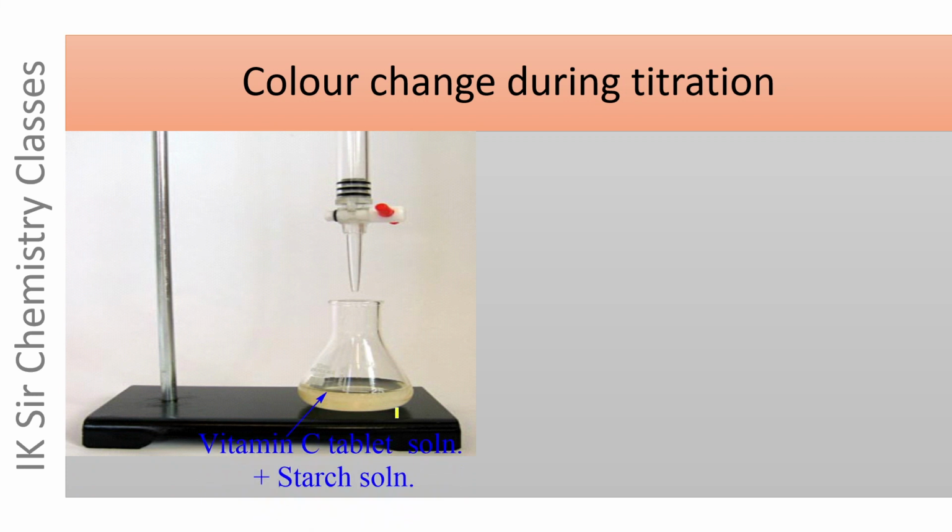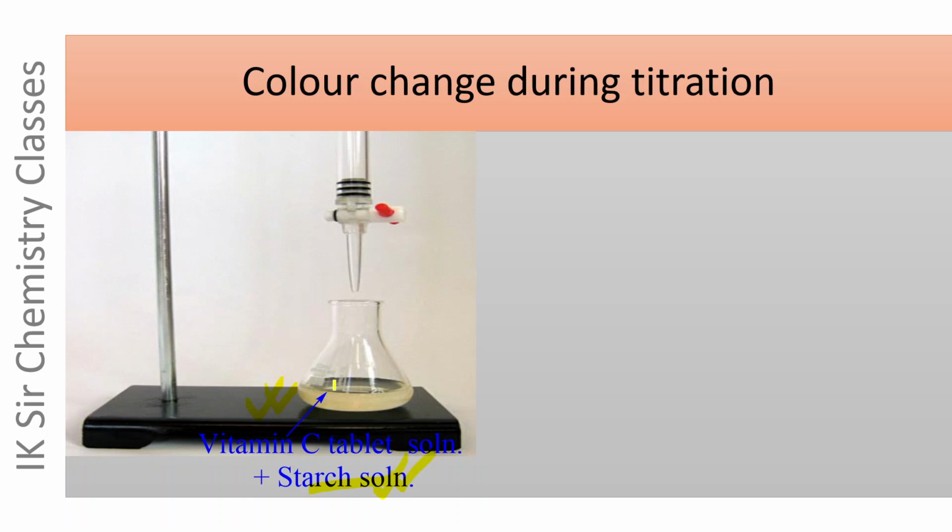Vitamin C tablet solution plus 1 ml starch solution: 25 ml vitamin C tablet solution is taken in the conical flask and 1 ml starch solution is added to it and shaken well.